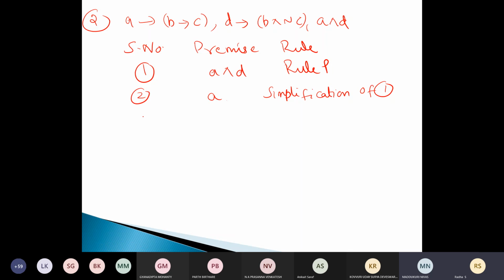Then we can introduce A tends to B tends to C, rule P. Then D, simplification of 1.